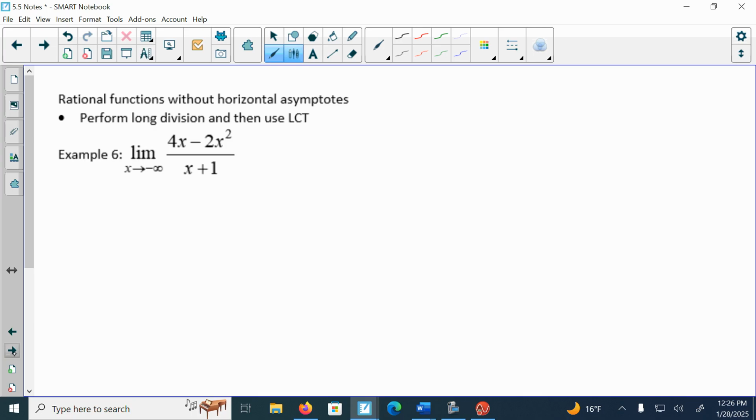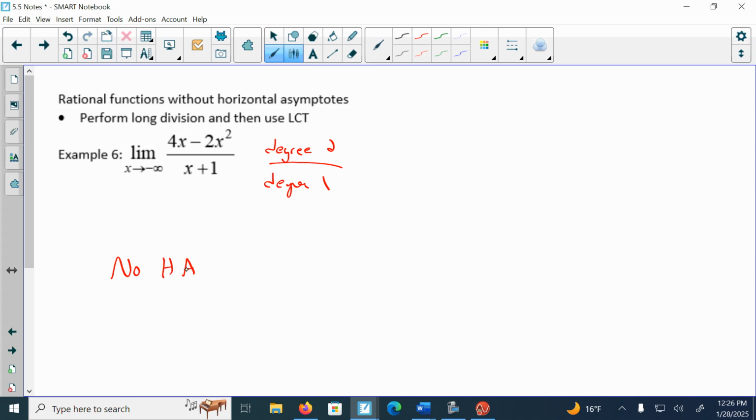All right, rational functions without a horizontal asymptote. Remember, we also talked about this. When I look at the numerator, it has a degree of 2. When I look at the denominator, it has a degree of 1. So the degree of the numerator is 1 more than the degree of the denominator, which means I have no horizontal asymptote.